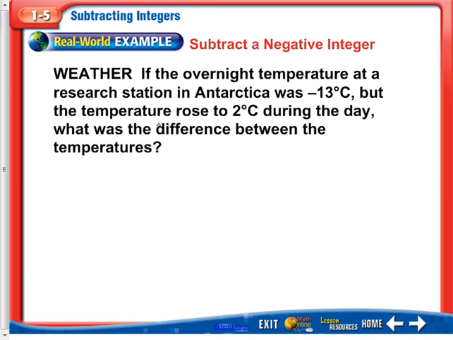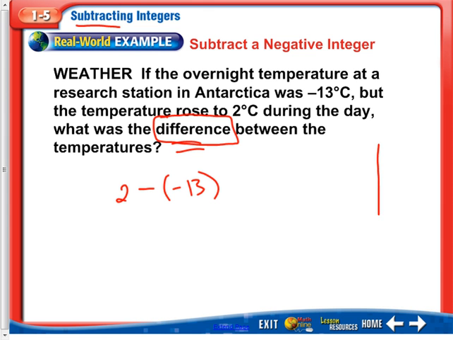Well, first of all, the idea today is we're subtracting integers, and the key word here is "difference." All right, so we take our 2 degrees, and then we have to subtract because we're trying to find the difference. Okay, we're subtracting the negative 13 degrees. We want to find the difference between them on the number line.